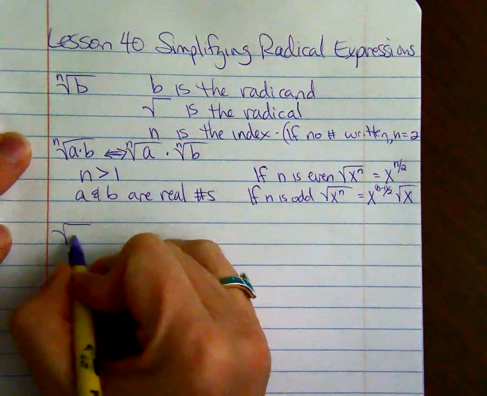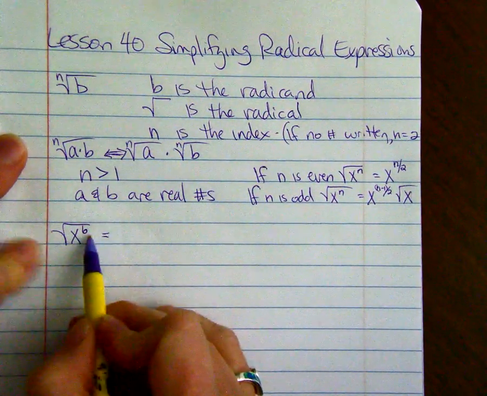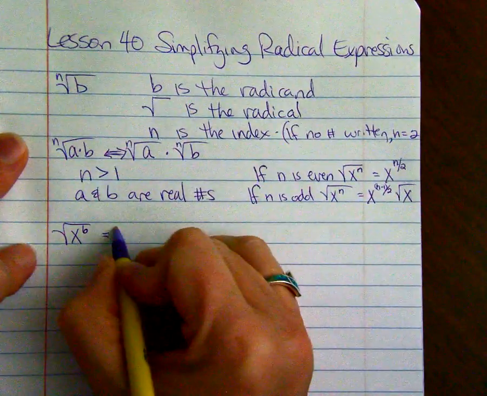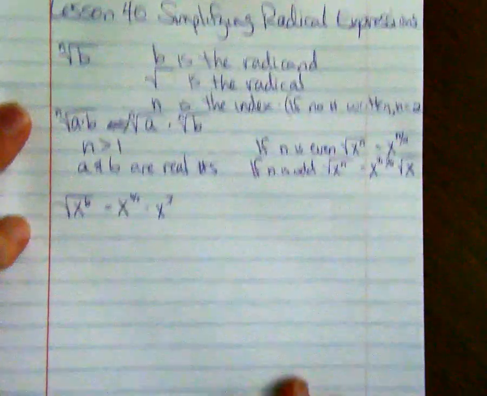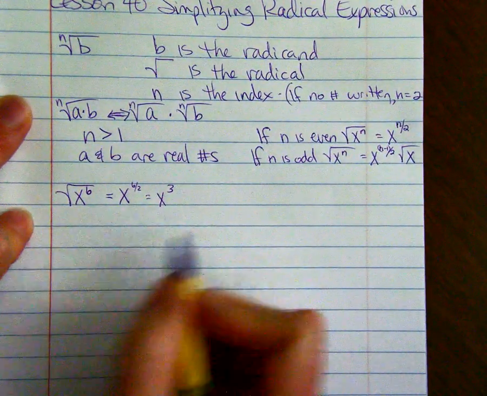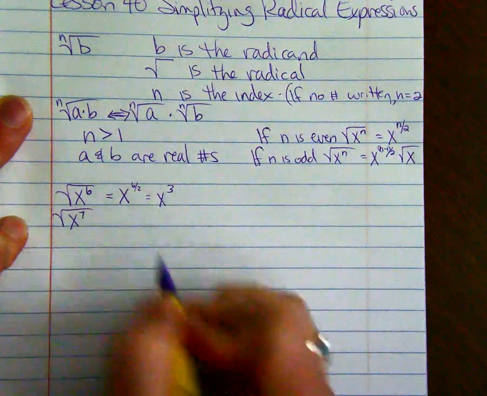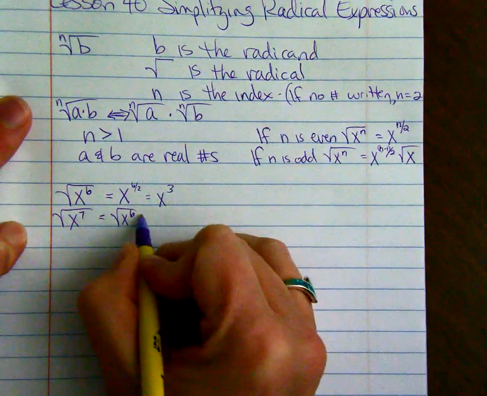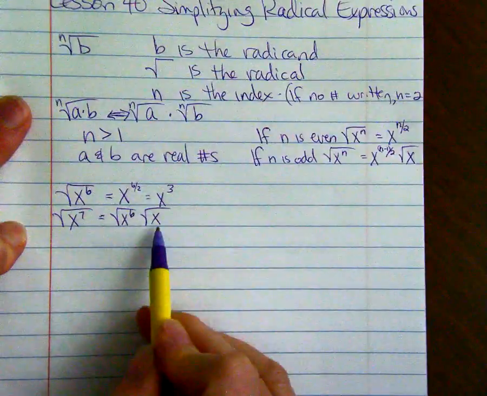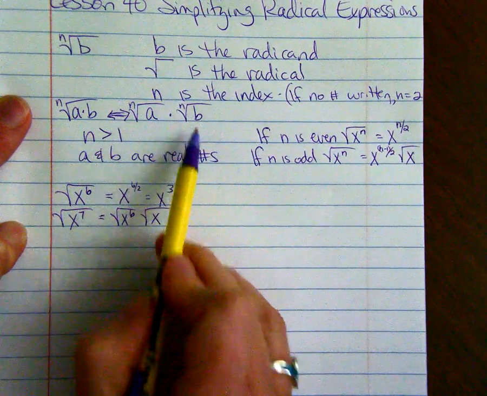For example, the square root of x to the 6th: 6 is even, so it just equals x to the 6th divided by 2, or x cubed. If you had the square root of x to the 7th, you're going to have the square root of x to the 6th times the square root of x. And that goes back to this if and only if statement.